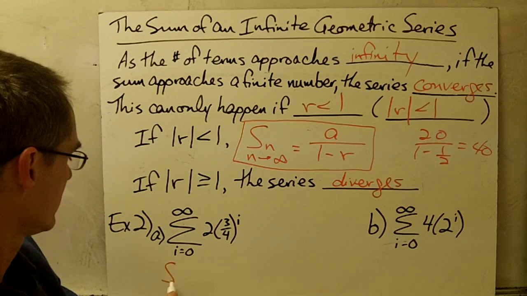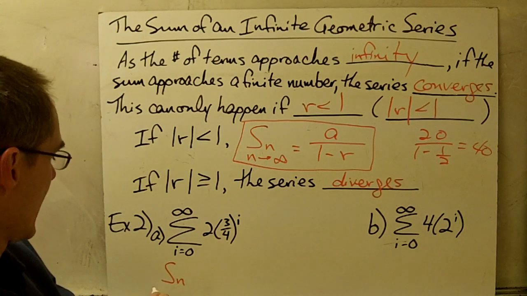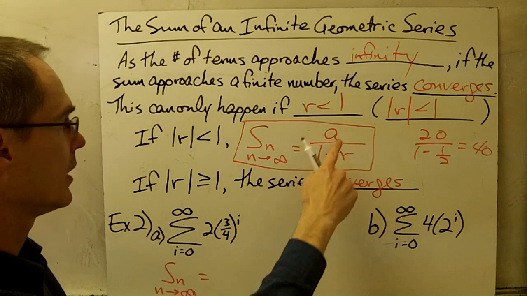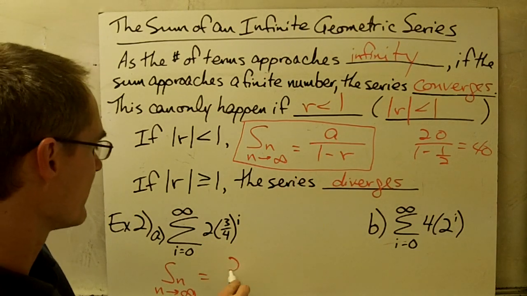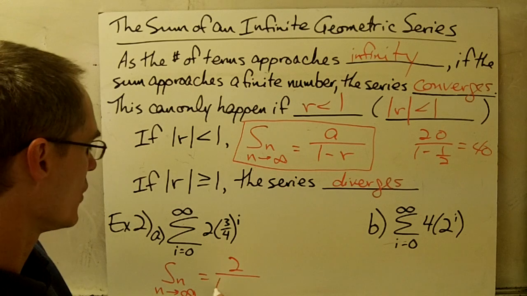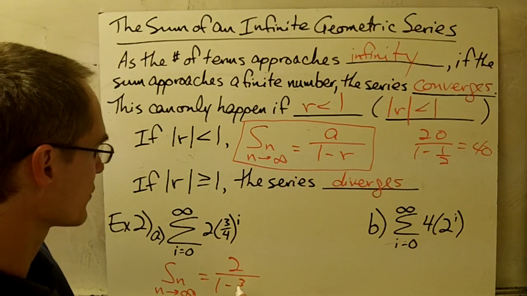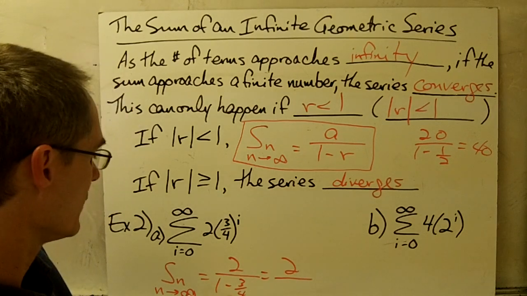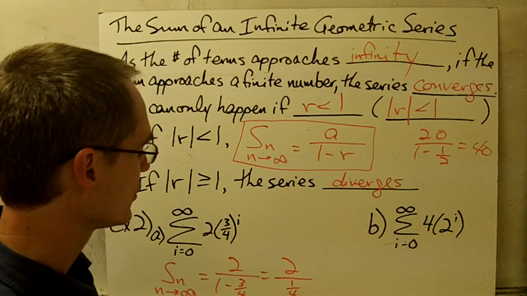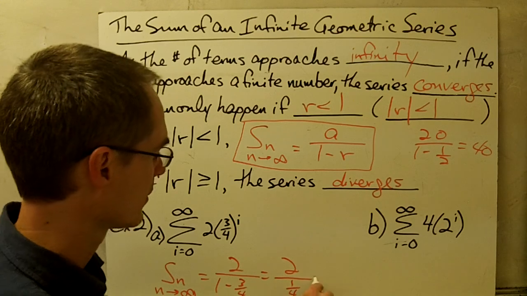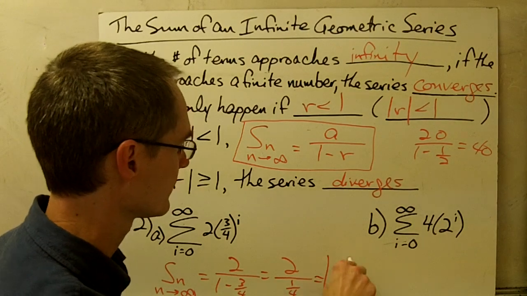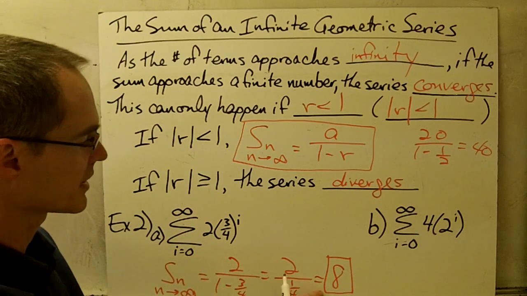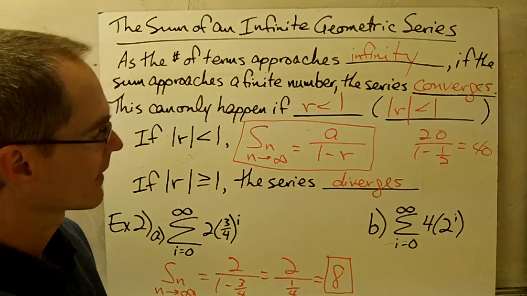S sub n, as n approaches infinity, is going to be equal to a, in this case my a value is 2, over 1 minus my r value, which is 3/4. So that's just going to be 2 divided by 1 minus 3/4 is 1/4. 2 divided by 1/4 equals 8. So the sum of this infinite number of terms is going to be 8.